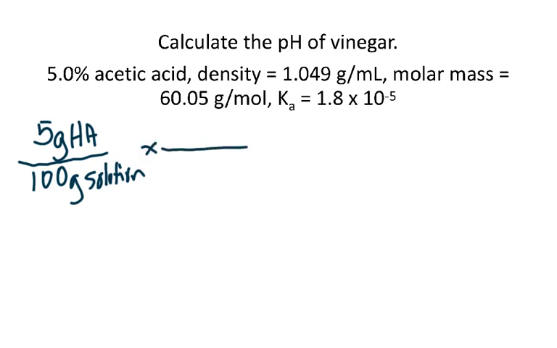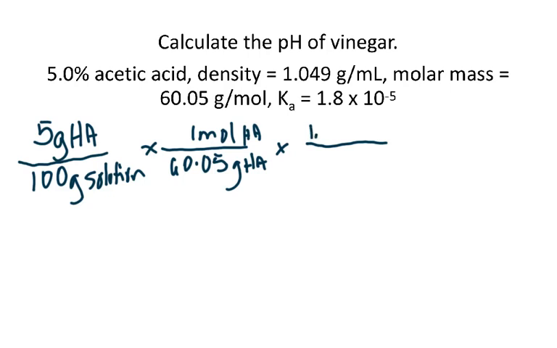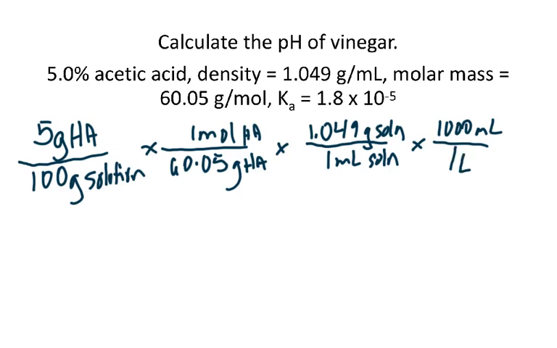So to go to moles, we know that we have 60.05 grams in 1 mole of HA. Then to convert my grams of solution over to milliliters then liters, I know that I have 1.049 grams of solution in 1 milliliter of solution. And then I know that there are 1,000 milliliters in 1 liter.